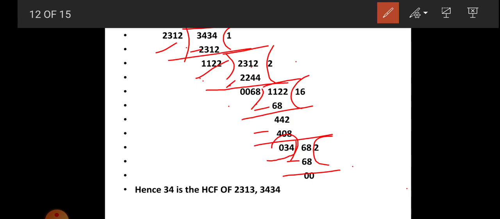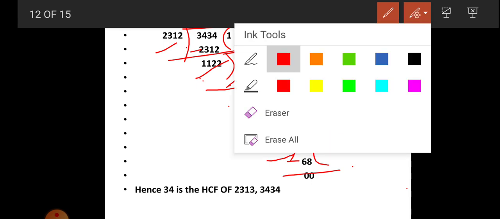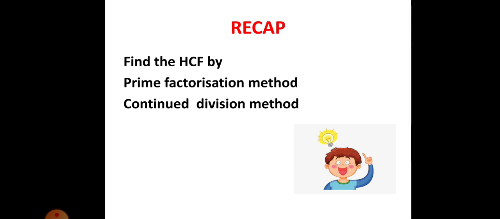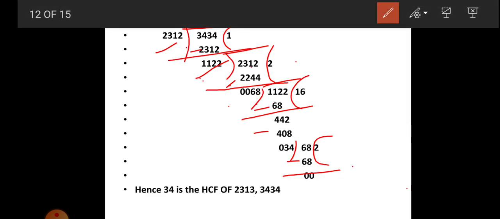So 12 minus 8 again 4, and then 3 as it is, right? 4 minus 4, 0. Now this 34 is the remainder, and 68 is the dividend. 68 is divided by 34, 34 twos are 68. And that 34 is the highest common factor of 2312 and 3434.